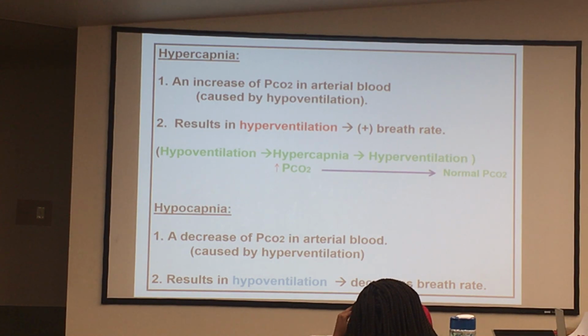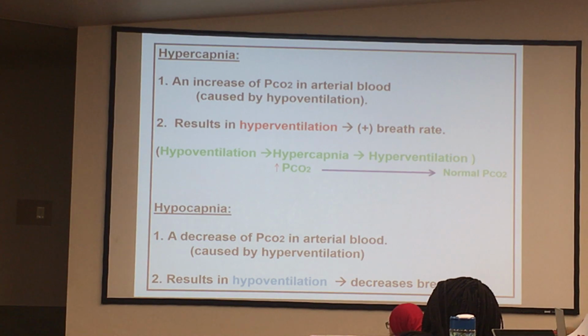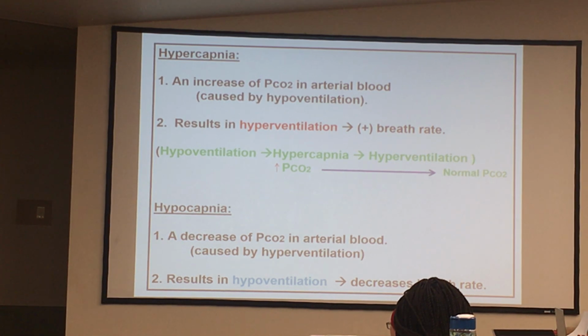But I cannot last very long, because my body reflex will decrease my breath rate, and then go back to normal. One example is if someone is crying. What happened? Usually it causes hyperventilation. When crying you increase it, but you cannot last too long. You should slow down.